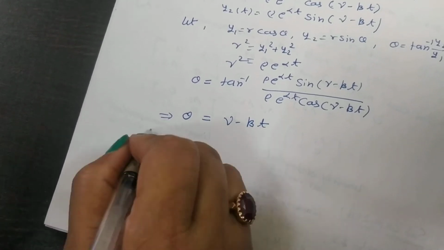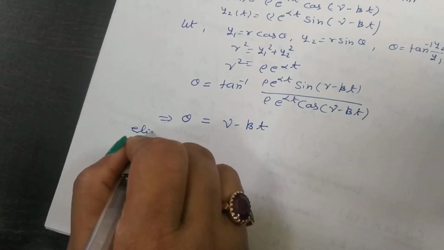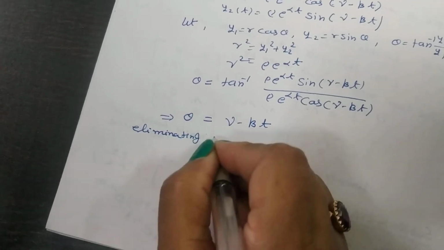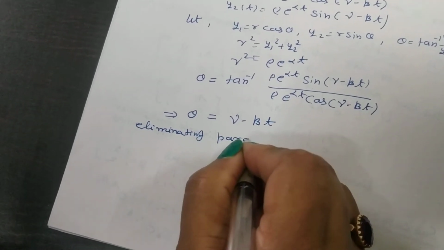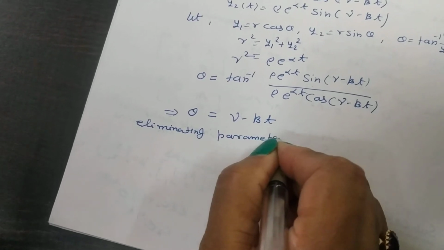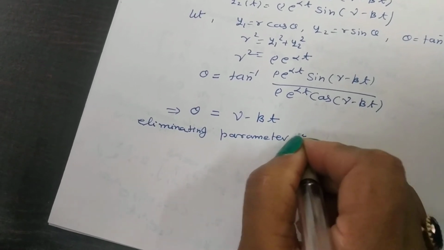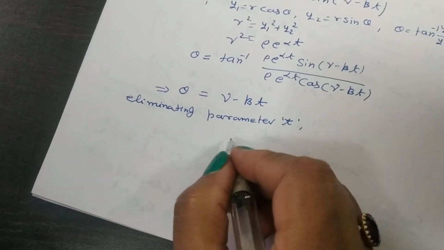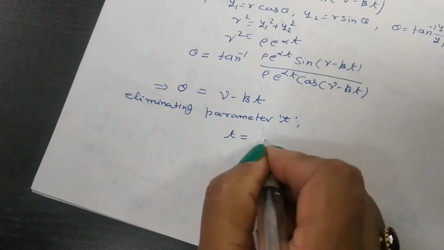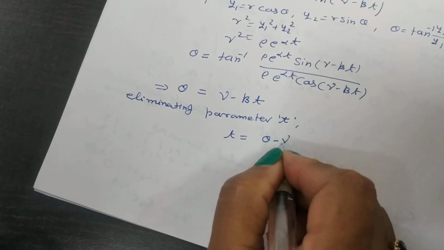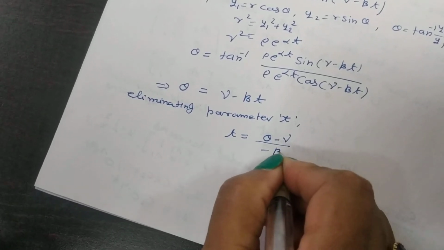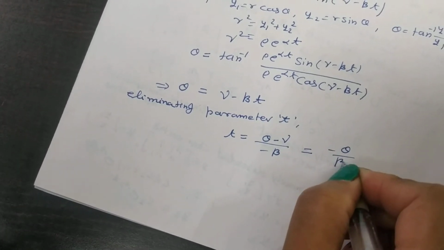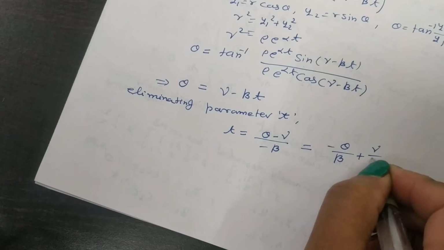Now eliminating the parameter t, we get t is equal to (theta minus gamma) divided by minus beta, which is equal to minus theta by beta plus gamma by beta.